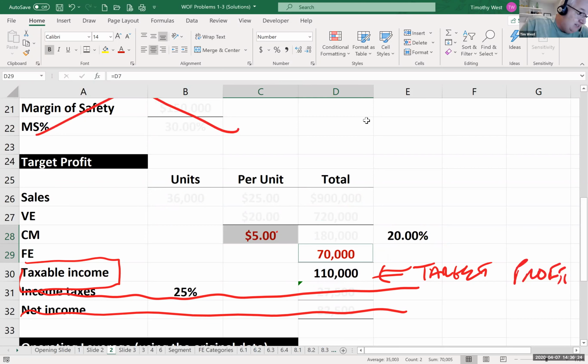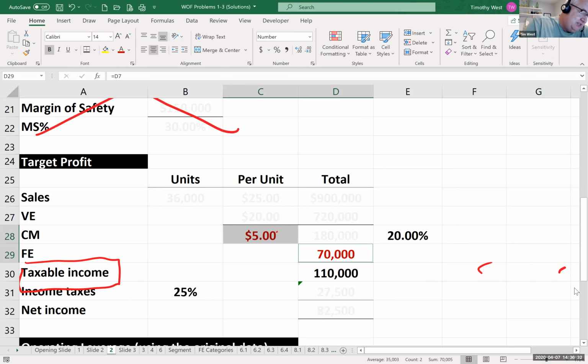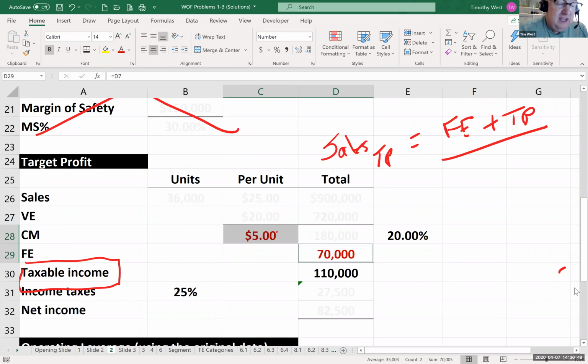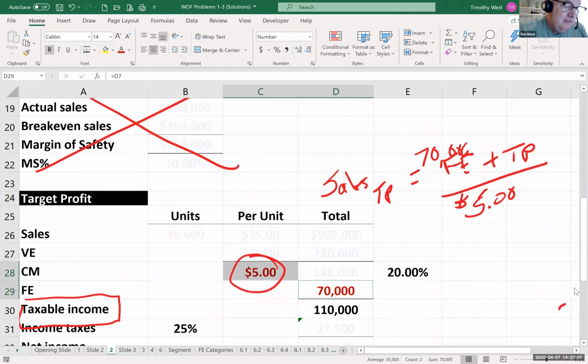And so if we go down to look at the calculations, well, let's just crank them out by hand real quick. What I have to remember is if I'm going to get sales for a specific target profit, I've got to cover my fixed expenses, and I've got to generate a target profit. And this is why Grace said it's important to know this $5, because if I take that and divide by the $5, this is 70, and this is 110.